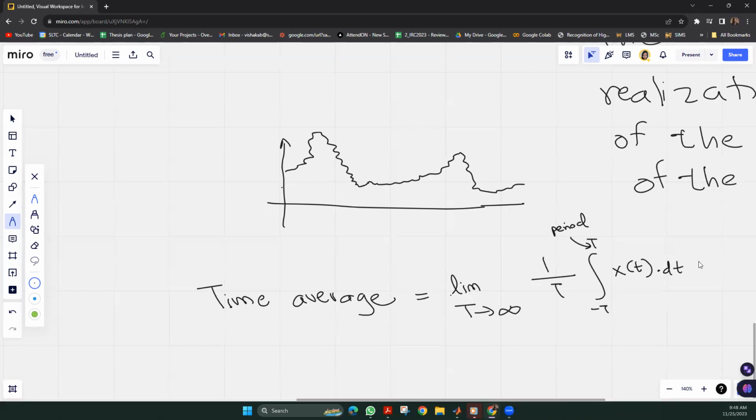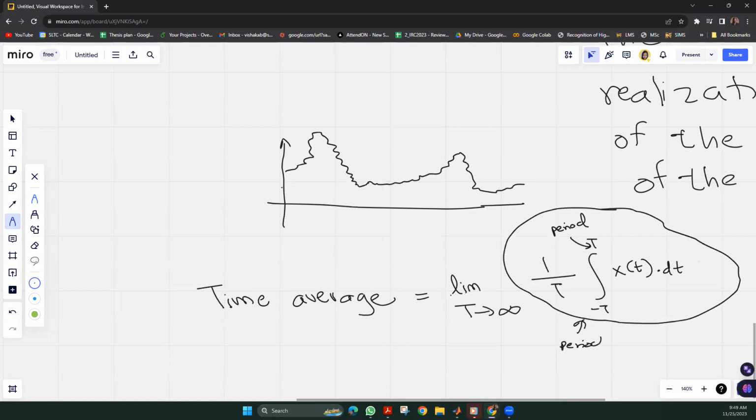That I can do using this integration, which is a standard equation that is used to find the time average of any kind of signal which varies over time. So this part is used to find the average of any kind of time series signal.